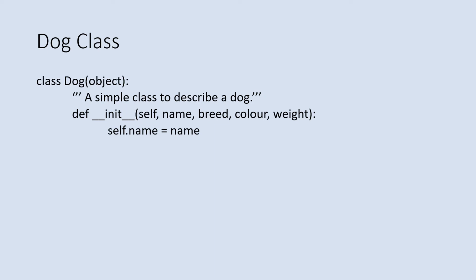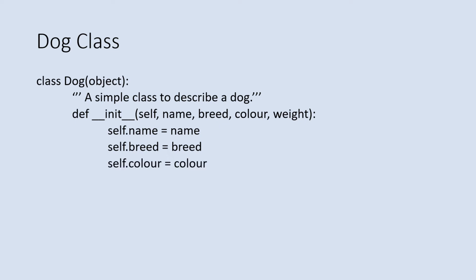These become attributes if we assign those values. So we need those when we create an instance of the class, and then we need to do something with those. For example, we could do something like self.name, and then assign the value of self.name to be whatever name the user had given. Then we could do the same thing with breed and color and weight and so on.